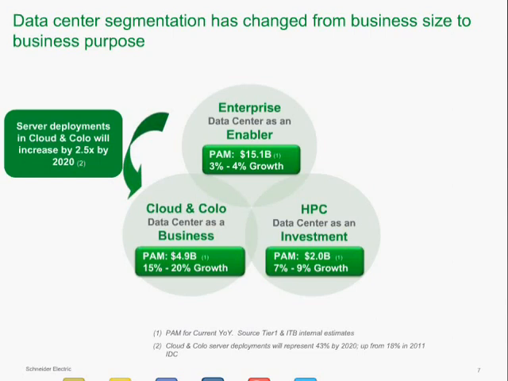We still have some pretty robust, strong growth in the enterprise segment and HPC. So when we talk about high-performance computing, we still see HPC applications embedded in all types of data centers, whether it be cloud, colo, or enterprise.